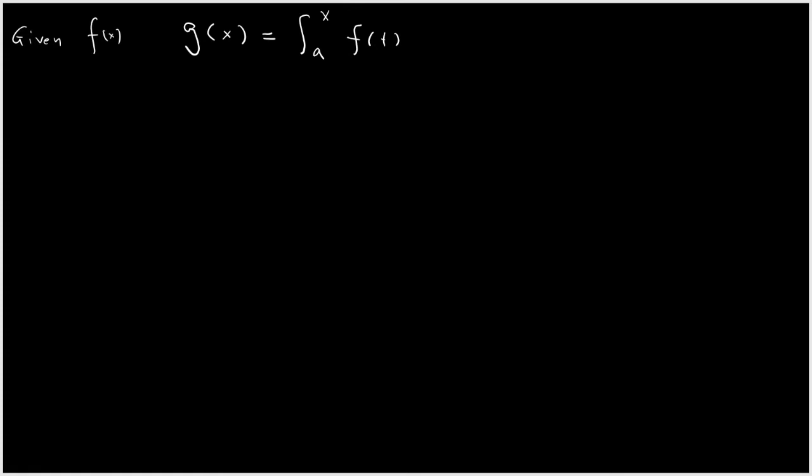In particular, I'm using t to denote the integration variable. If the function is represented using f of t, then the d part, you also write using dt. I'm trying to say these two locations always have the same variable.